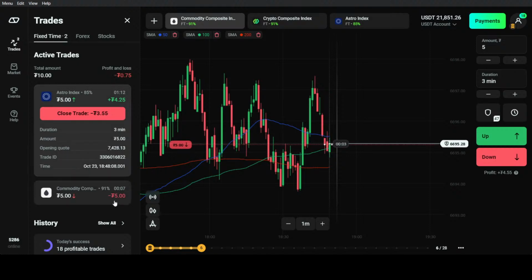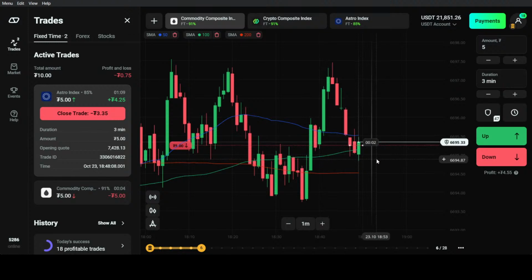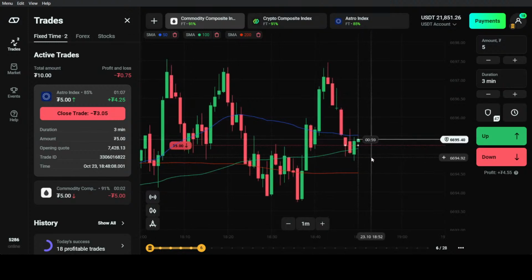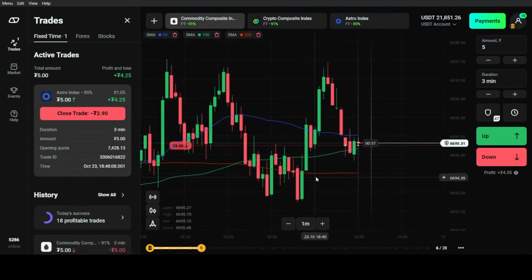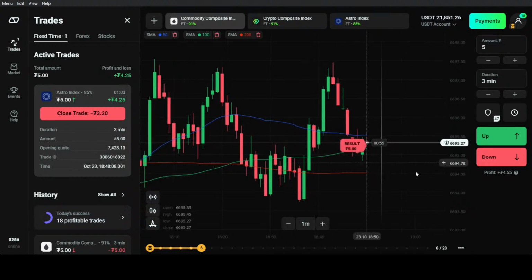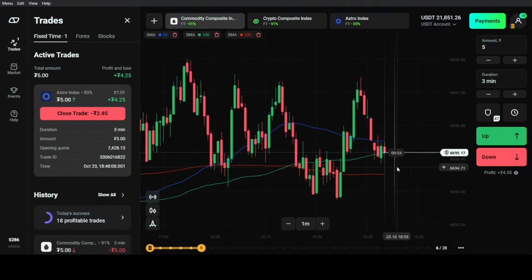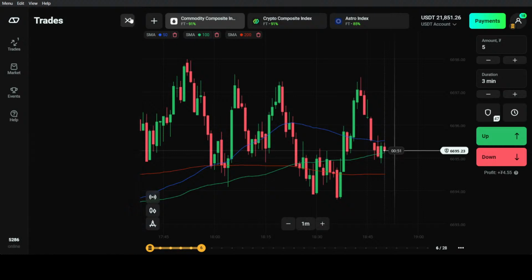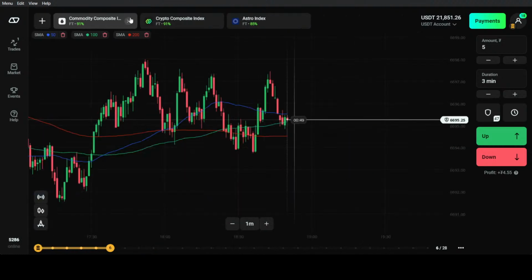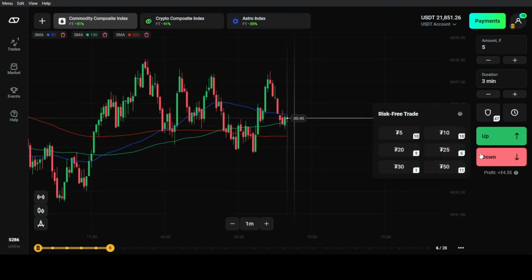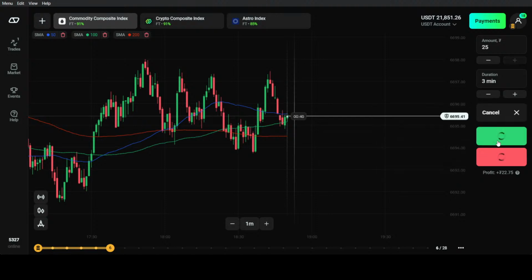Now you guys say that there is fluctuation. Yes, there is. Even in my case there is fluctuation happening, but can't help, right? This is live market, guys. It can happen. So let's just use a risk-free trade maybe, and let's just try to work on it.